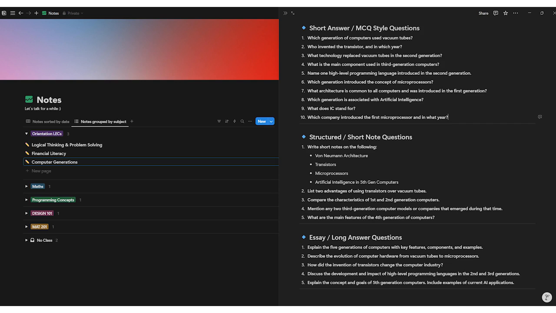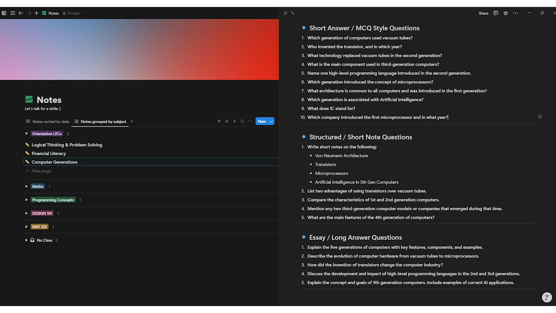I need to keep up with it. I waste a lot of time doing this, you know. What was the question again? The examples of high-level programming language introduced in second generation. So let me check it.